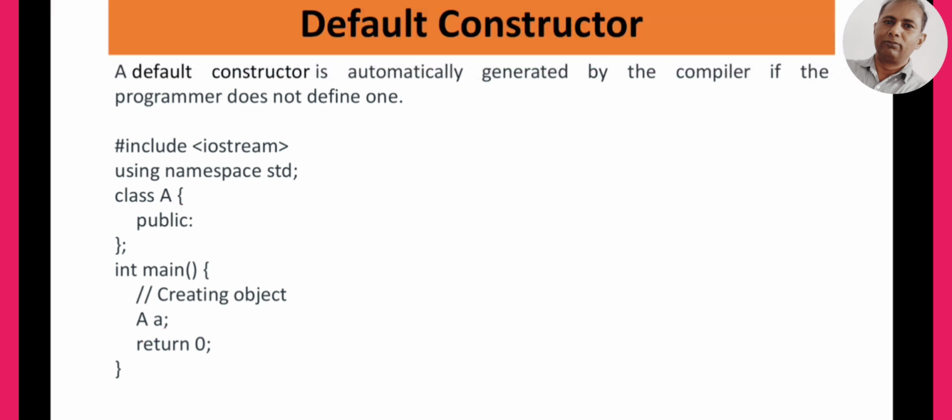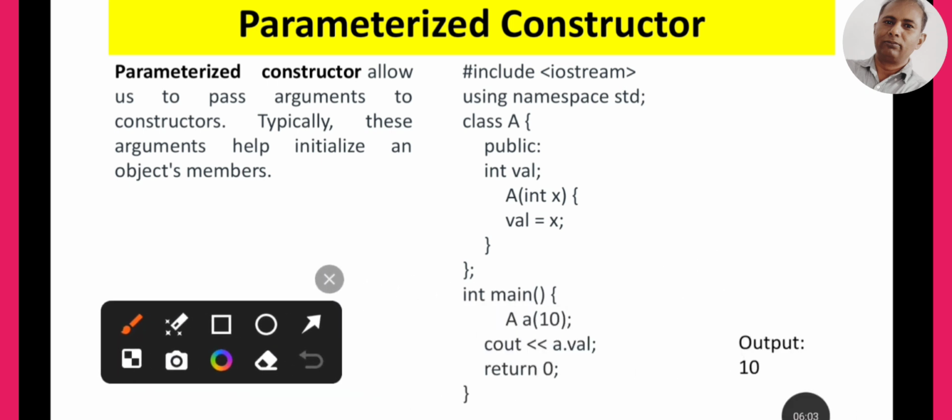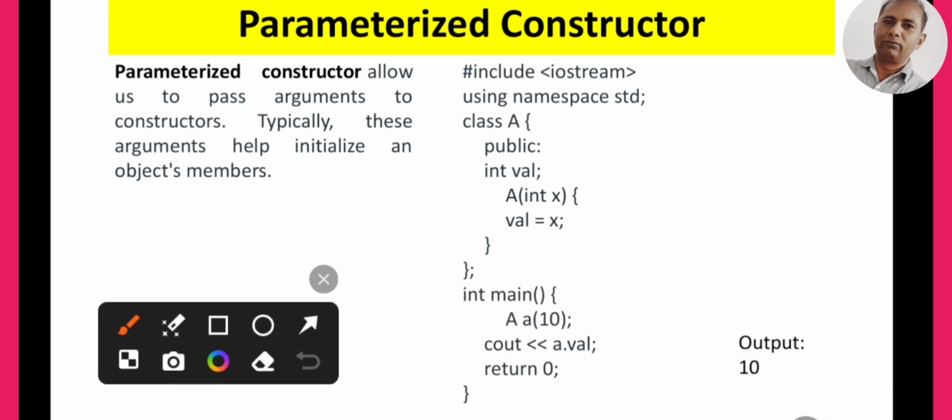Now if we talk about the parameterized constructor, it allows us to pass arguments to the constructor. Typically these arguments help to initialize the object members.